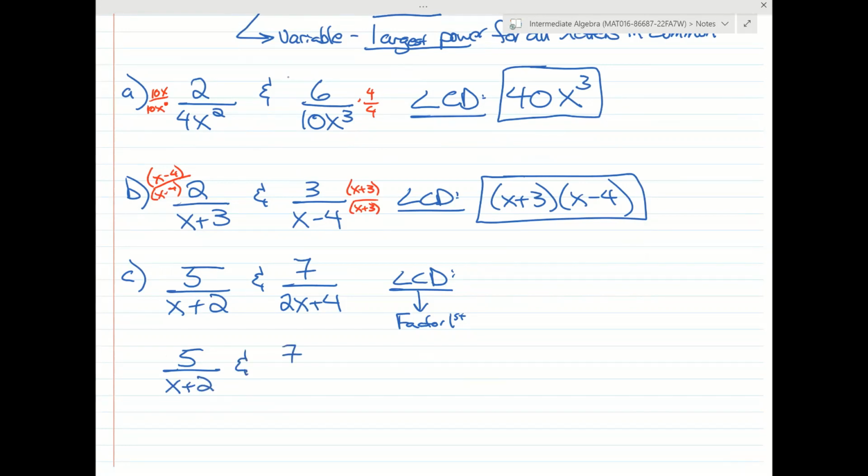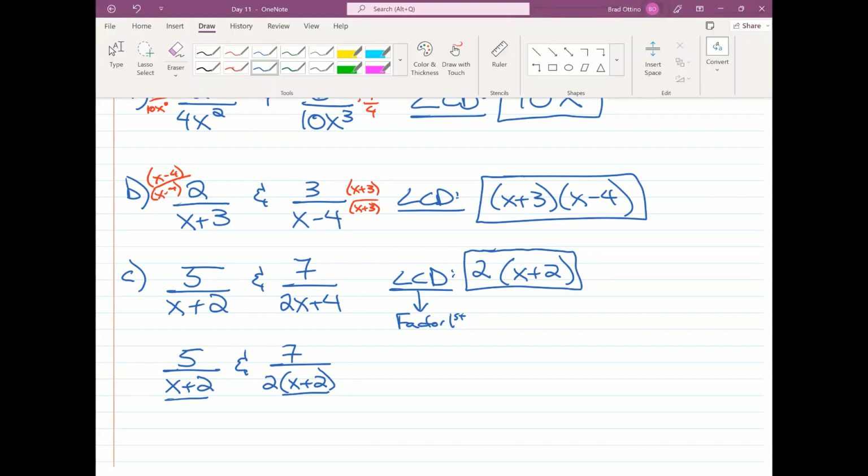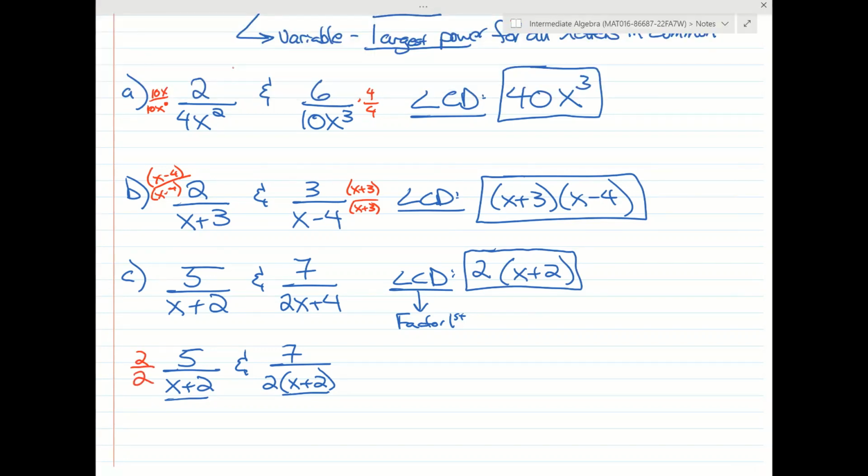And this is going to be 7 over 2 times x plus 2. So the least common denominator, we definitely need an x plus 2 because that's in both fractions. But we also need a factor of 2. So the way you would get the least common denominator here is you'd multiply this by 2 over 2.